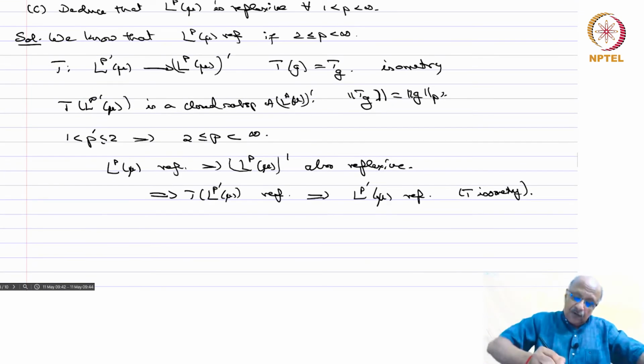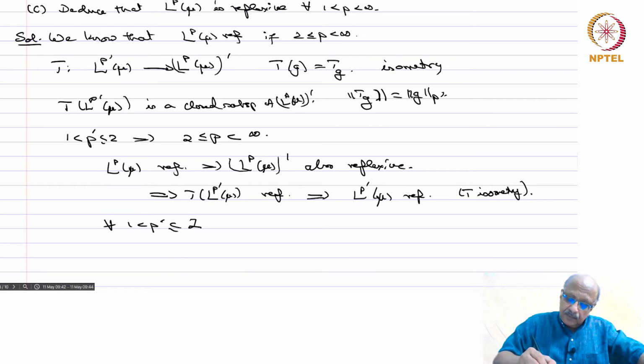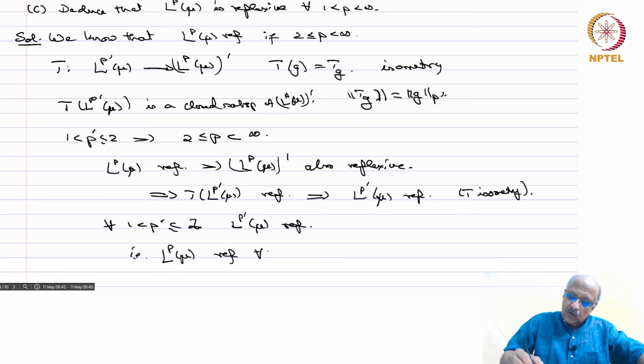Therefore, for all 1 < p' ≤ 2, L^p'(μ) is reflexive. So L^p(μ) is reflexive for all 1 < p < ∞.